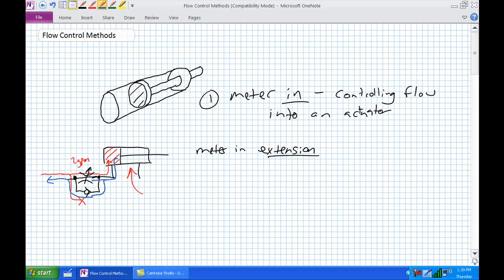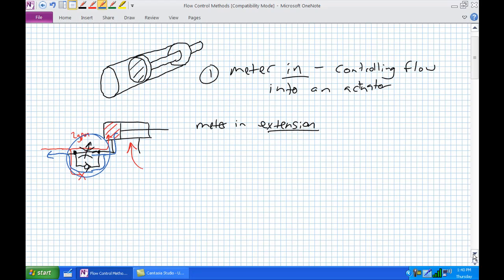It's going to just flow as fast as it possibly can out of that cap end, and basically it's going to retract at whatever speed that pump can provide. So meter in extension, if I've hooked up my flow control valve in this manner, is going to control the speed at which it extends, but it's going to retract as fast as it possibly can. Okay? All right. And I'm doing this pretty slow.